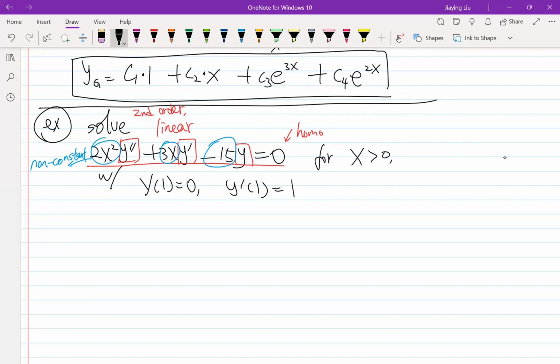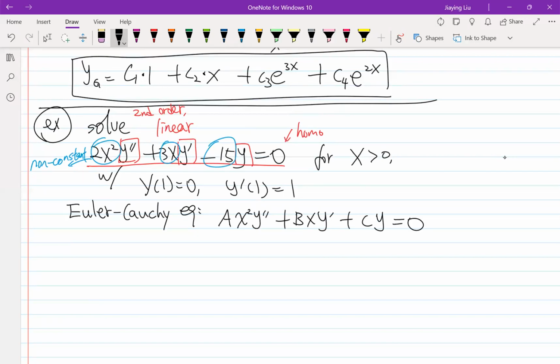This particular example is what we call an Euler-Cauchy equation. That describes the type of equation that looks like some constant a times x squared y double prime plus b times x y prime plus c, a constant, times y equals 0. It's easy to remember this type of equation by thinking about it this way: when you have a second derivative of y, you get x to the second power in front of it as a coefficient, and then maybe some number a.